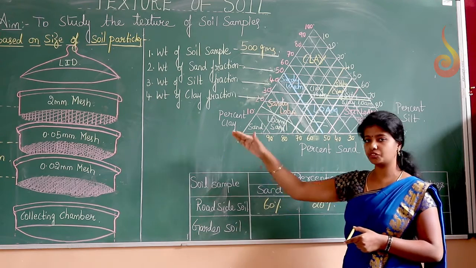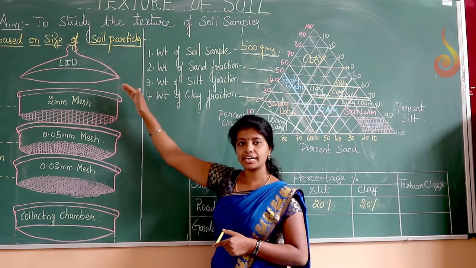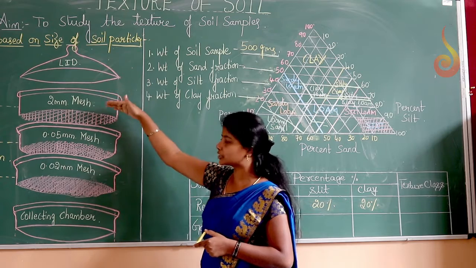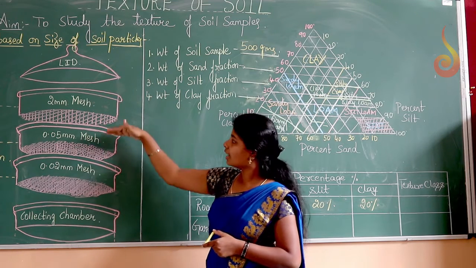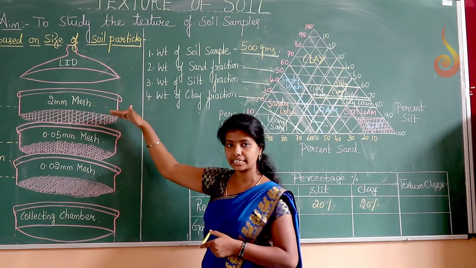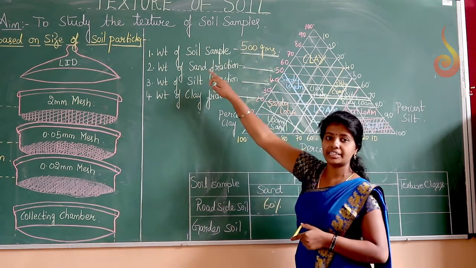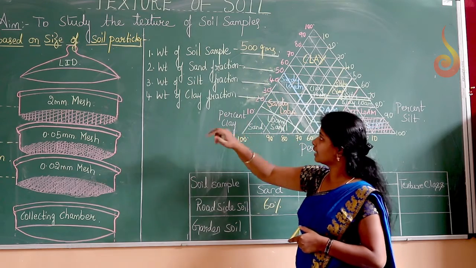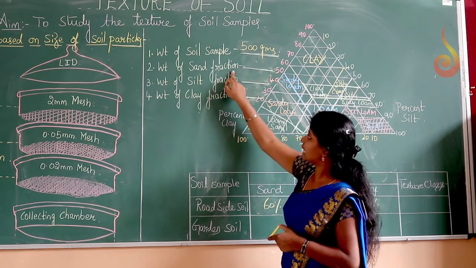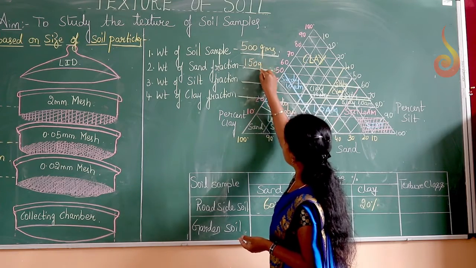The same procedure will be followed for soil sample 2. We take 500 grams of soil and allow it to pass through the series of meshes, and after that we measure the quantity of soil collected in each mesh. The total soil sample weight is 500 grams. In that, the weight of the sand fraction, say for example, is about 150 grams.